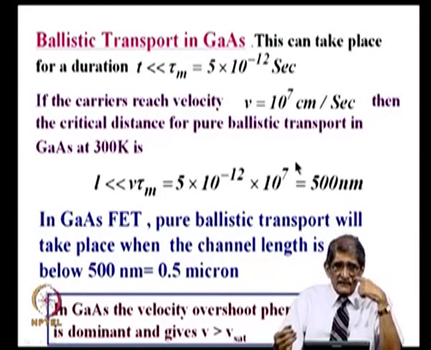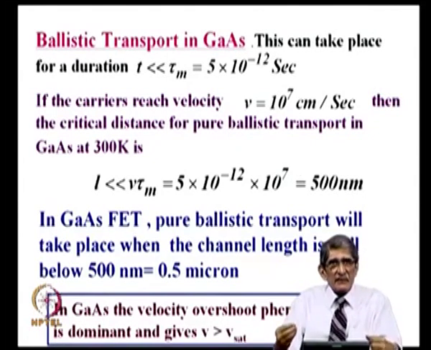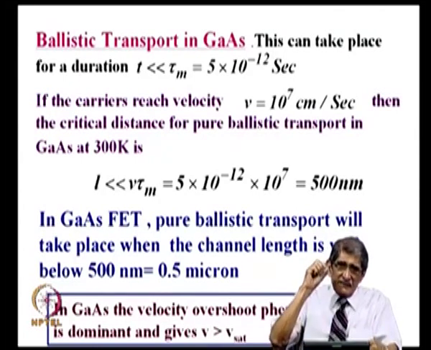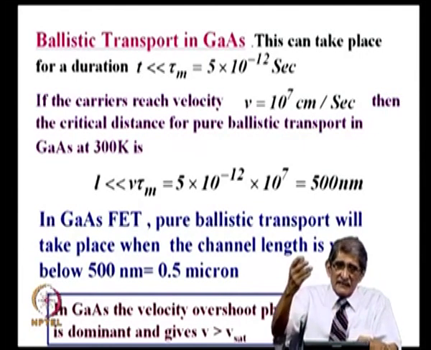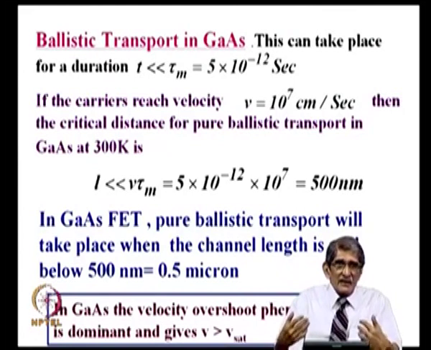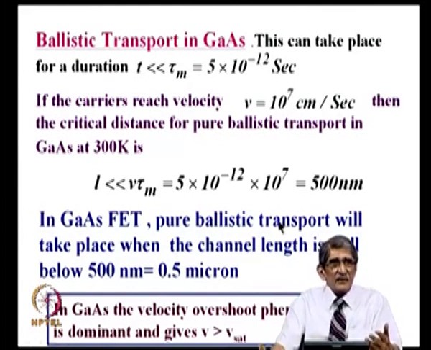So, if the carriers are injected into that gallium arsenide channel, in that short period of time before it gets scattered, if it is suddenly injected into the channel where a high field is present, it will get accelerated to high velocities higher than 10 to the power of 7. That means, in gallium arsenide you will have velocity overshoot effects, like transient effects in LC circuits.